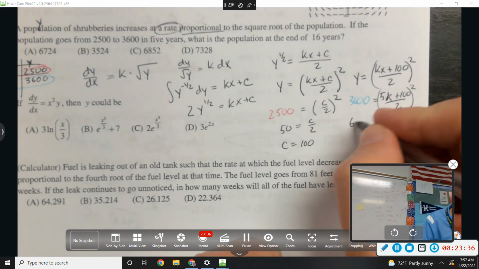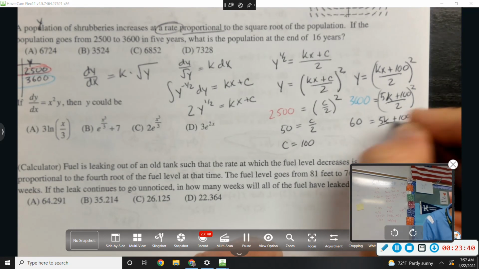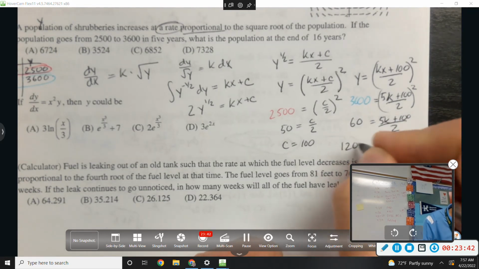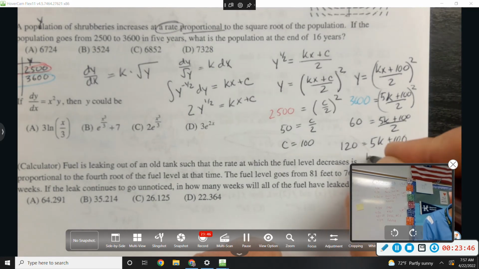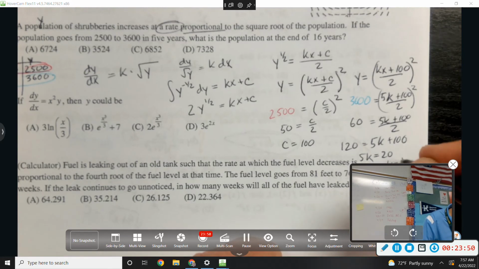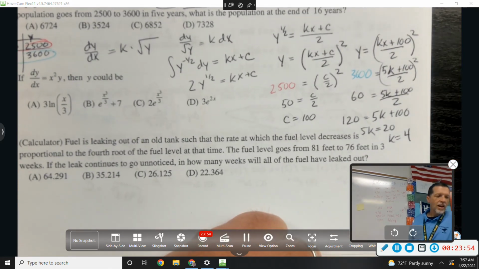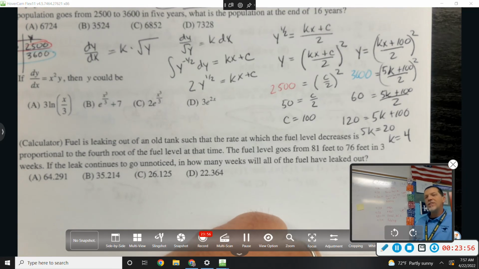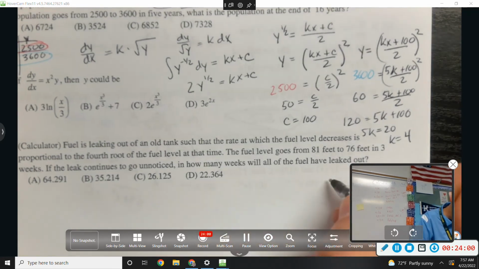Square root both sides. Multiply both sides by 2. Subtract 100. Divide by 5. Equals 4. Also remember, on the AP test you have tons of space, so they're not all squinched up like this.